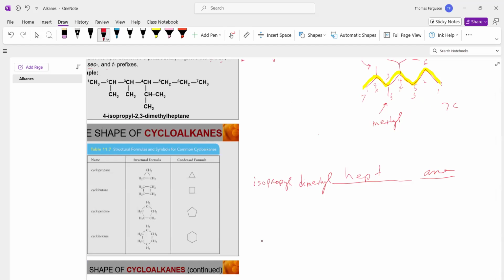So the 2 methyl groups are going to be on carbons 2 and 3. 2,3-dimethylheptane, and the isopropyl group is going to be on carbon number 4. Any questions on that?